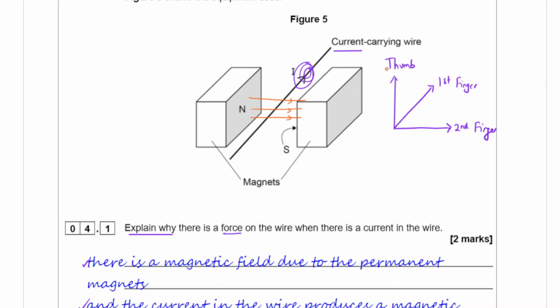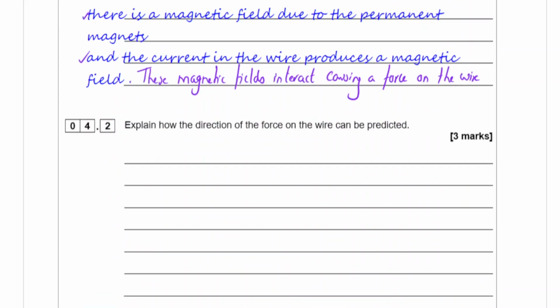Your thumb is the force, this is the field or magnetic field direction, and this is the current direction. So you could place it along each of these directions respectively, which will give you the direction of the force.